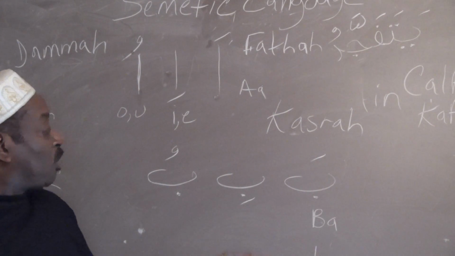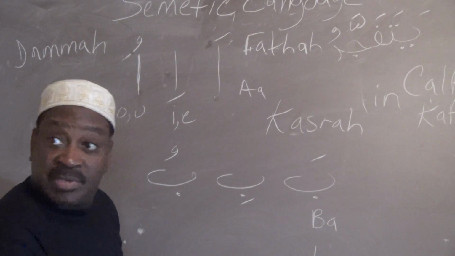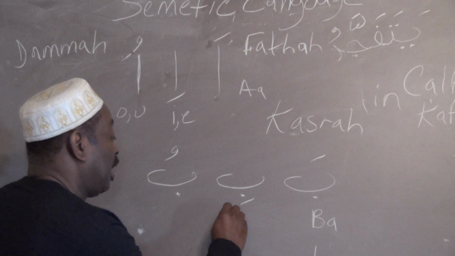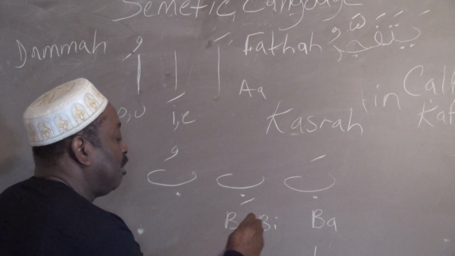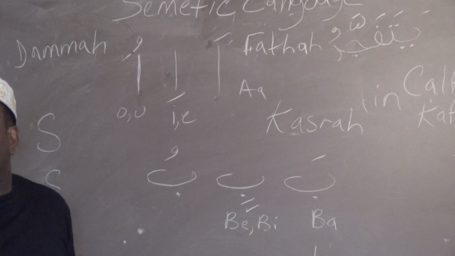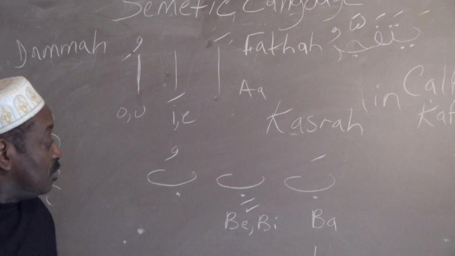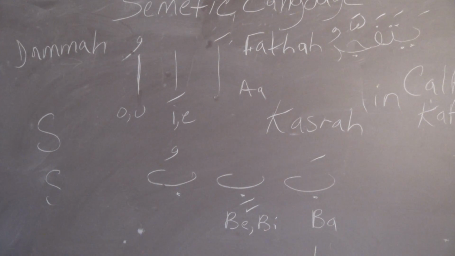Okay? What about this one? I heard somebody say B. I can either have this or this, but I would say go with that one there. B, B-E. What about this one?